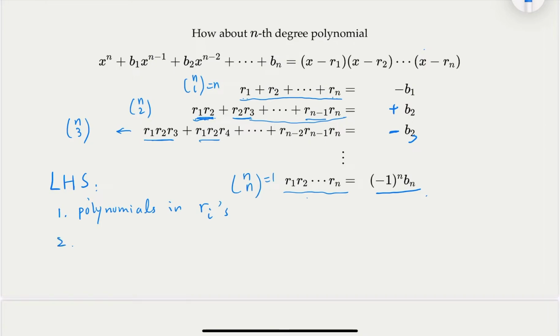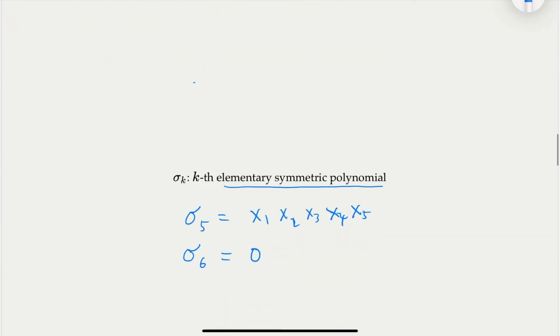And also each term is symmetrical in the r_i, so everything is exchangeable. So you're going to enumerate all possible combinations of either pairwise, or 3 out of n, or k out of n. So we call them elementary symmetric polynomials. So this is an elementary symmetric polynomial.